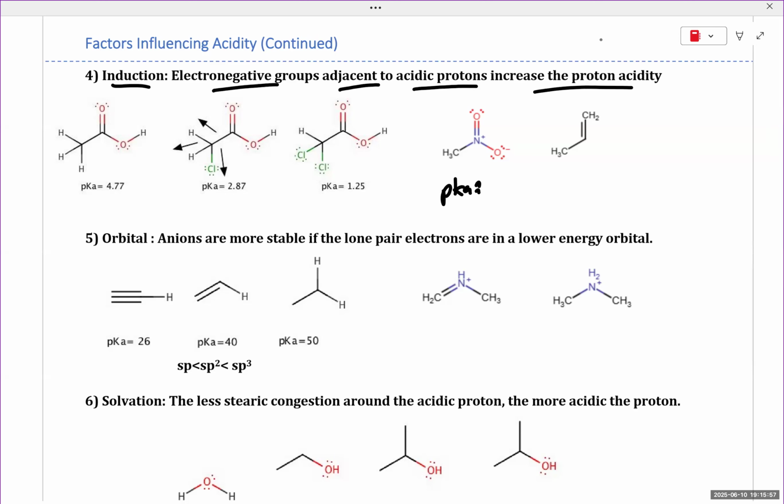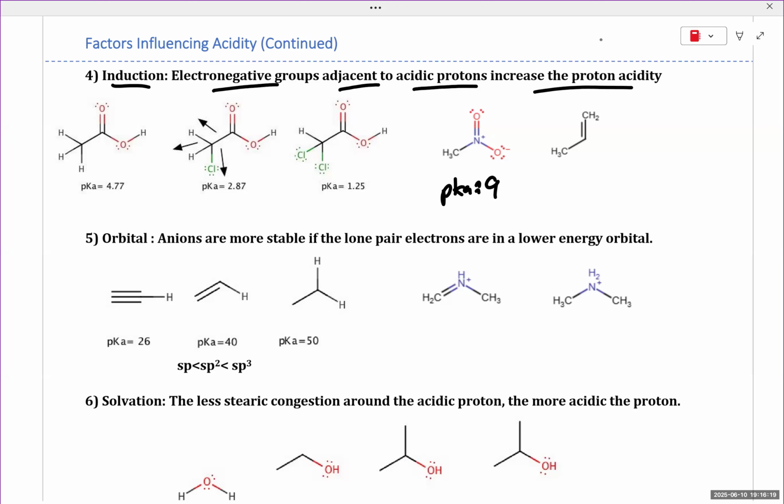Looking at our pKa table, I'd like you to take a moment to check the table and try to find the pKa for a proton adjacent to a nitro group. Nitromethane pKa is somewhere around 9, so it's quite an acidic proton.